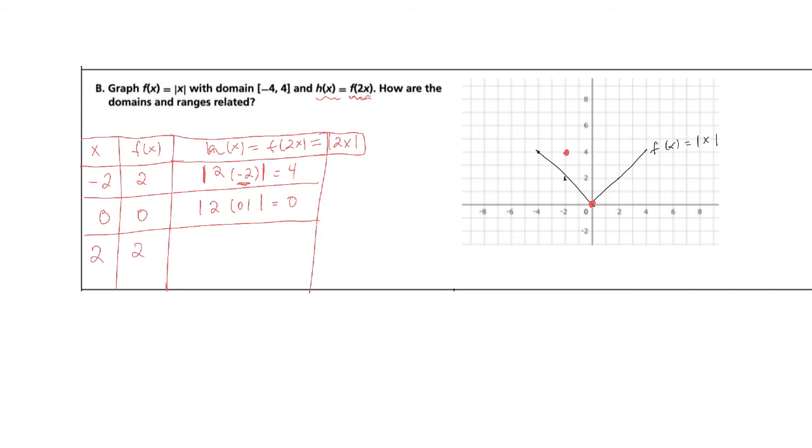F of x is at 2, so it's 2 times 2. Absolute value of 4 is 4, so 2, 4. And there we go.